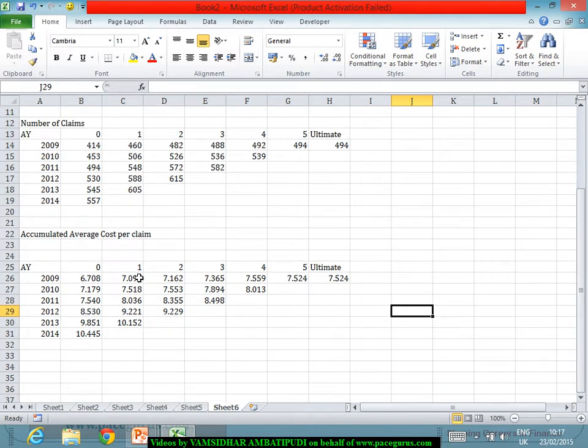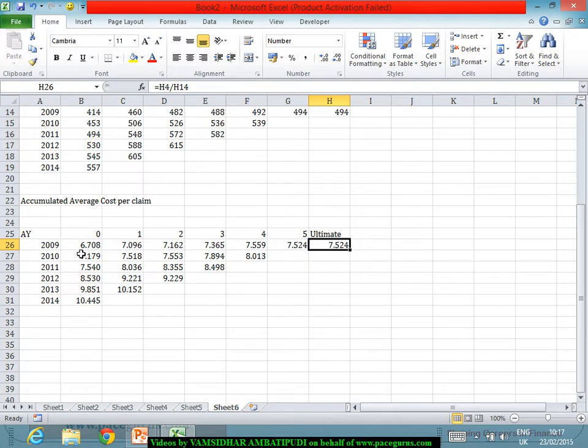Now, how do I get up? Okay, here by the end of the fifth year, everything got settled. Now, what I really want is what is the proportion of the final that got settled in each of the years. So for that, I'll look at proportion of settlement in each of the years.